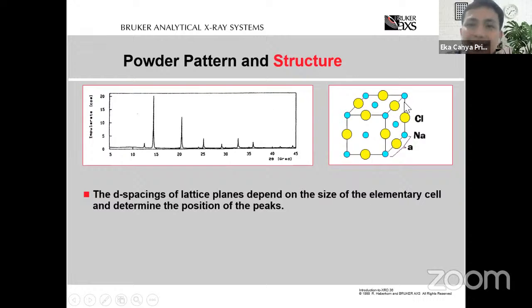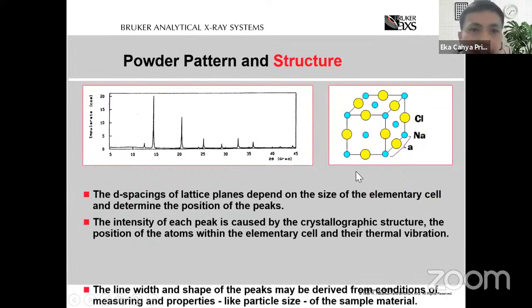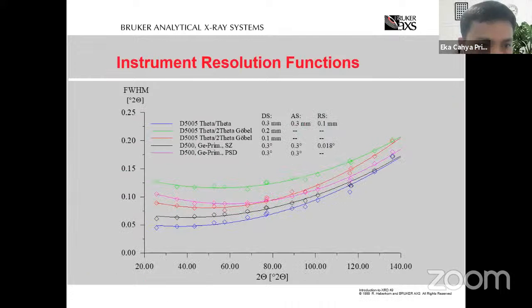So this is the way to see the atoms with X-ray, and we can interpret and analyze it afterward. It is also an example from a paper on X-ray diffractions.